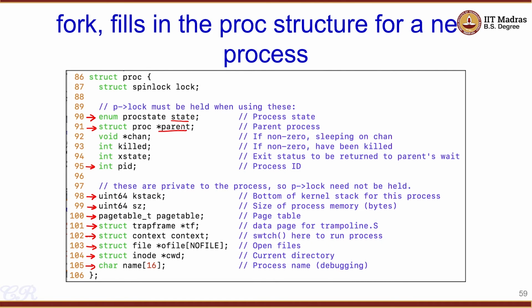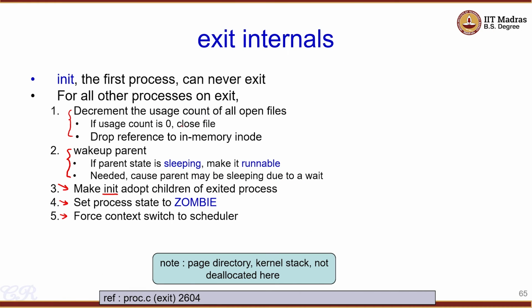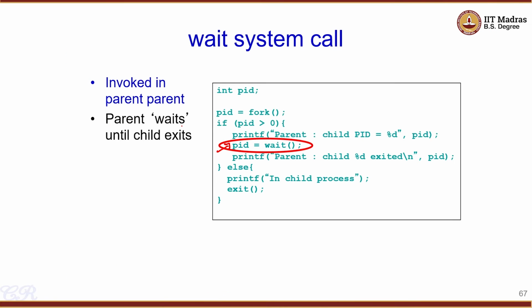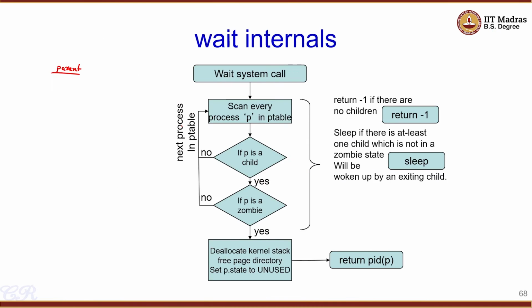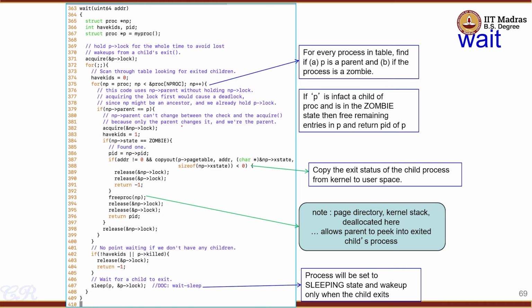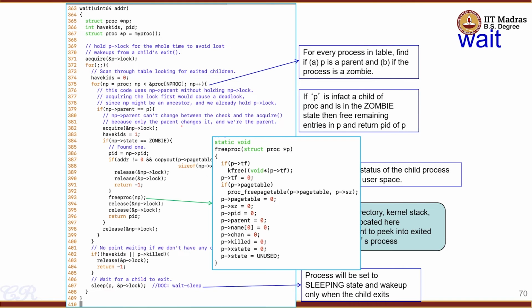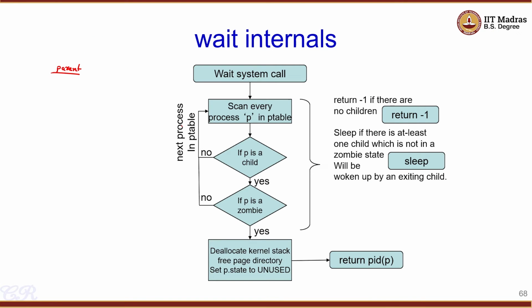So by looking into the proc structure and comparing it with its own proc address or proc entry, it is possible for the parent process to identify one of its child processes.